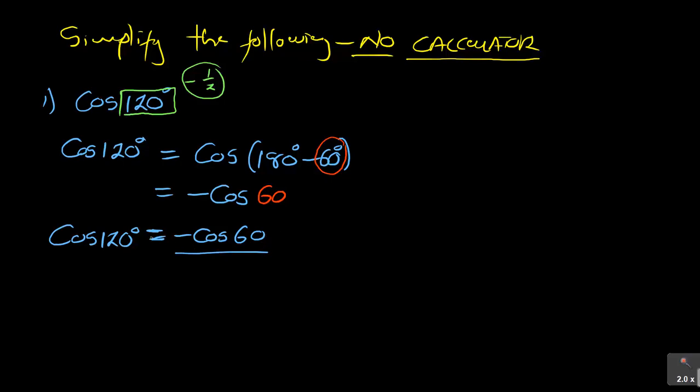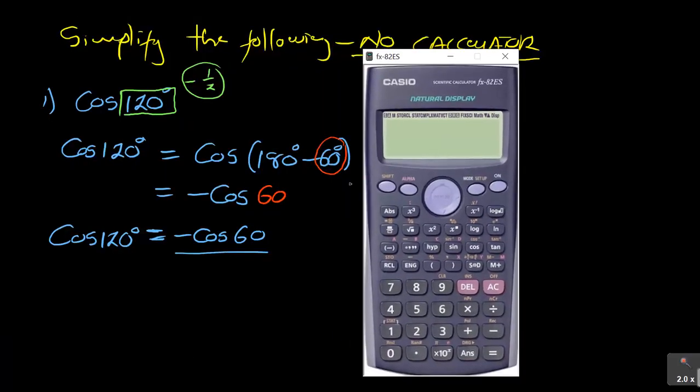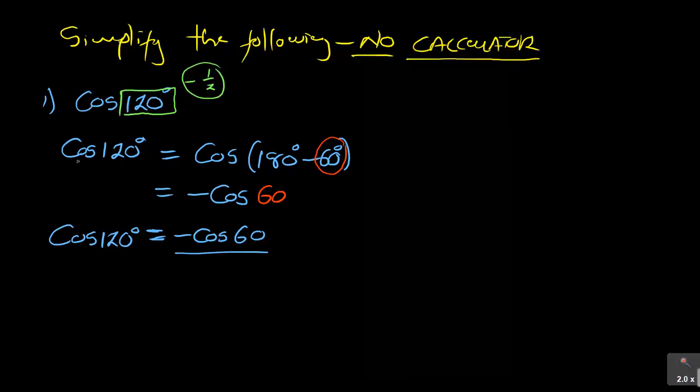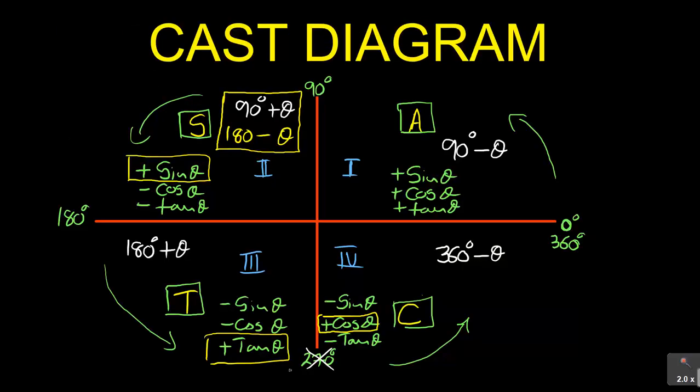You can test it with your calculator and say cos 120. Remember, it gave us a negative half. Now minus cos 60, it's also giving us negative half. You can see that we have managed to reduce cos 120 into cos 60. Now what did we do?